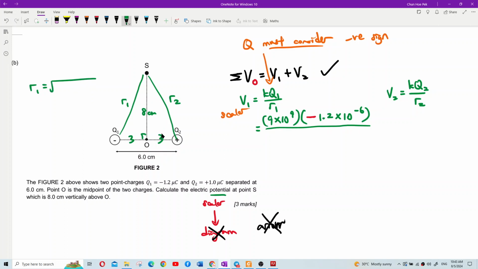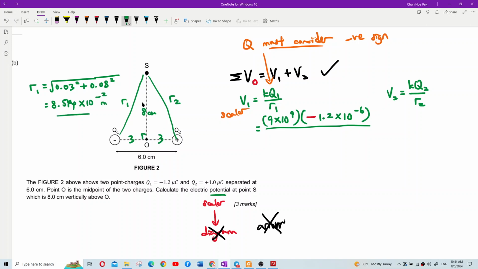In cm, you must change first. 0.03, divided by 100, change to meter. 0.03 square plus 0.08 square. So what is the answer? I get 8.544 exponent negative 2 meter.